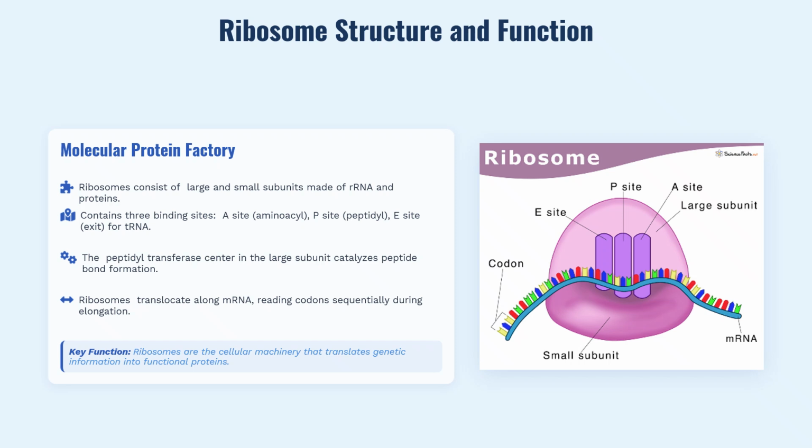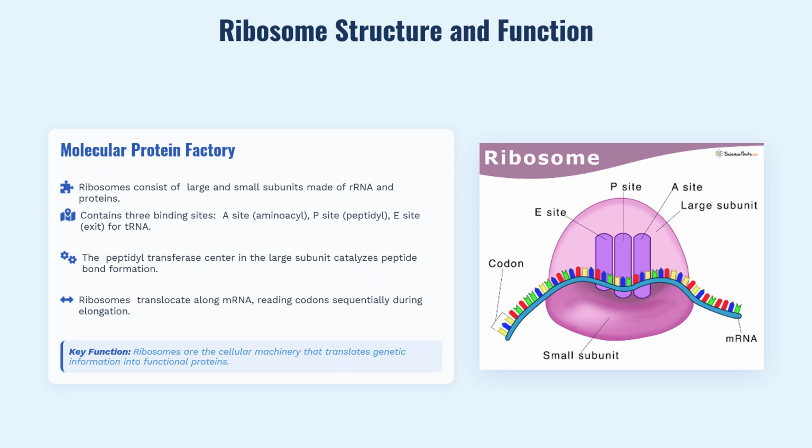Ribosomes have three important binding sites. The A site where aminoacyl tRNA enters, the P site where the growing peptide chain is held, and the E site where deacylated tRNA exits. The ribosome moves along the mRNA in a process called translocation, reading codons sequentially.